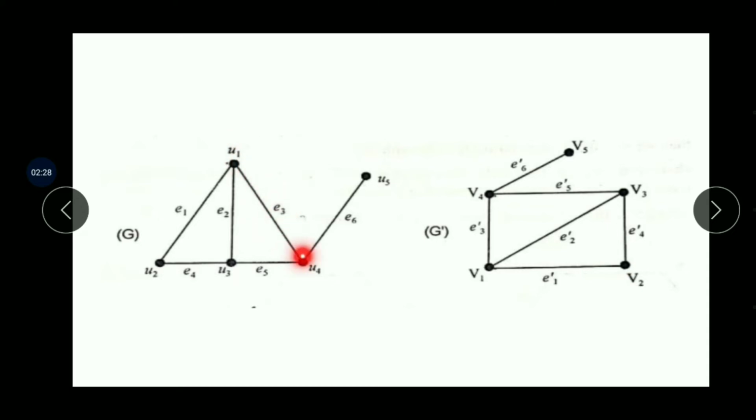U3 has degree 3, and V3 also has degree 3. U4 has degree 3, and V4 also has degree 3. Then U5 has degree 1, and V5 also has degree 1. So these two graphs are isomorphic with each other.